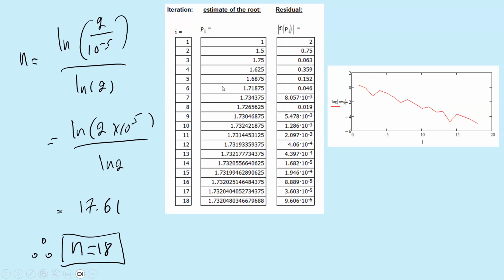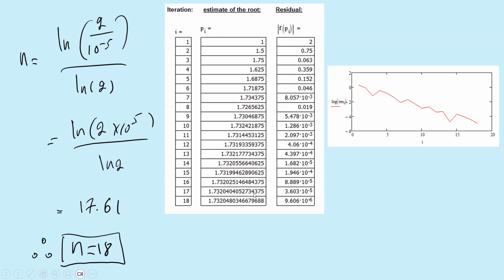If you look at the problem, this is the midpoint for the first iteration, and when we continue, after 18 iterations, the residual of the function becomes less than 10 to the minus 5. But if you don't round up and instead round down, it means at iteration 17, the value of the residual is still larger than 10 to the minus 5.